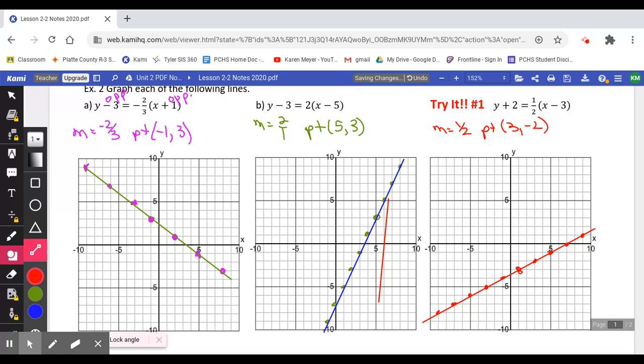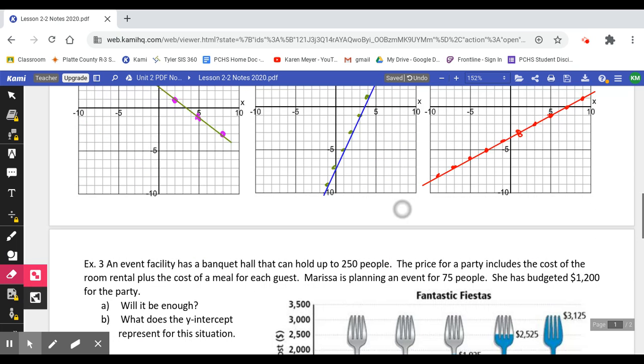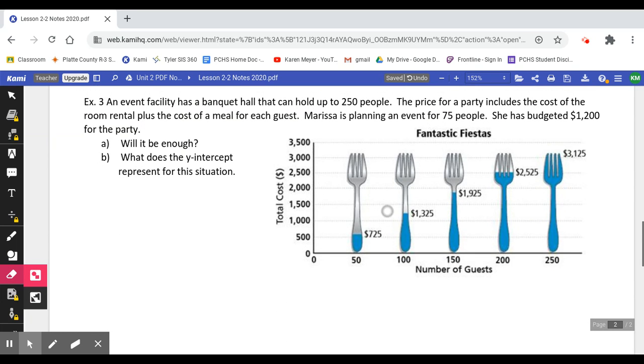Moving on to the last question. Okay, for this one, it says that the facility has a banquet hall and it can hold up to 250 people. The price for the party includes the cost of the room rental plus the cost of a meal for each guest.